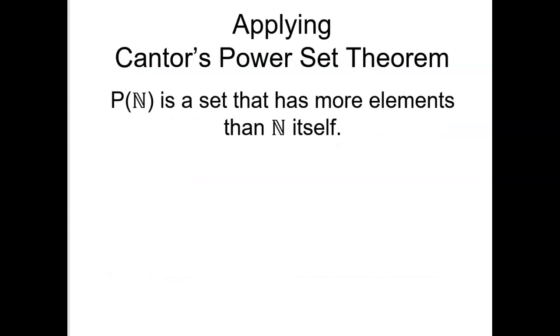So Cantor's power set theorem: the power set of the natural numbers is a set that has more elements than the natural numbers themselves. So suppose we consider the set of all the subsets of the power set. We could call this the power set of the power set.